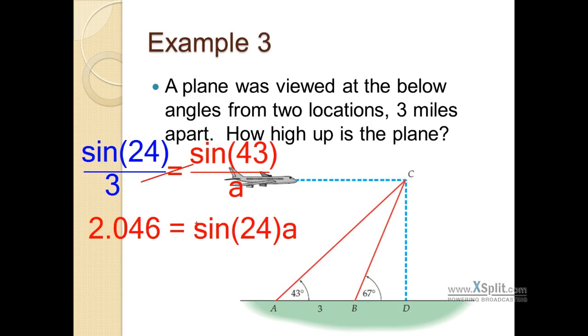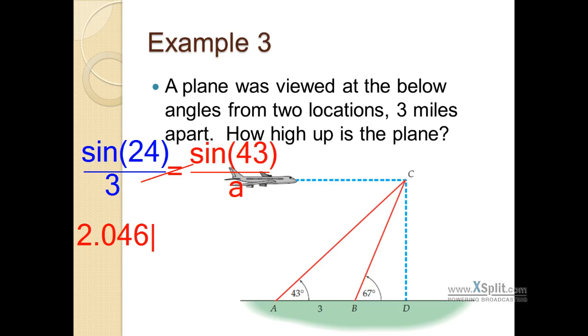I'm going to write that 2.046 equals sine of 24 A, and put sine of 24 in my calculator. That gives us approximately 0.407 A's. We can divide both sides like usual.